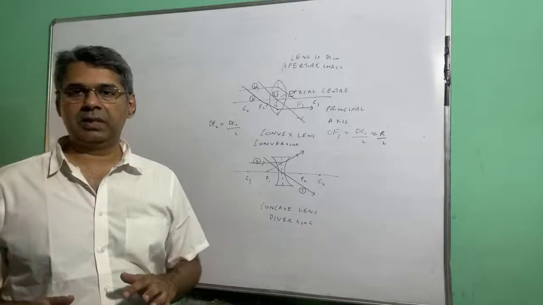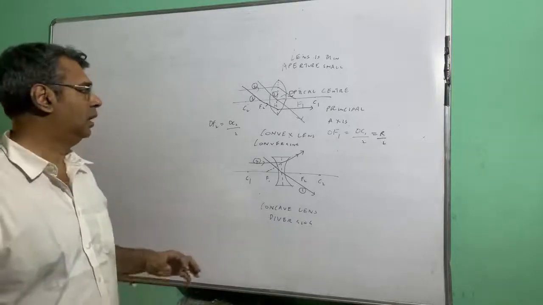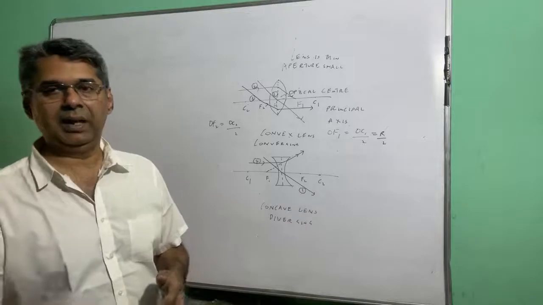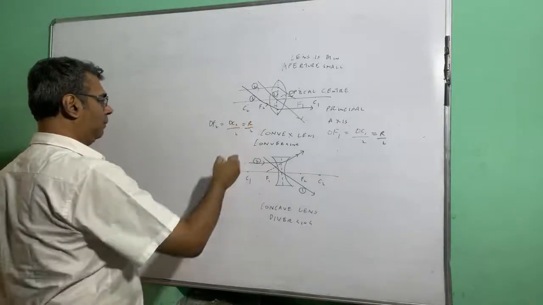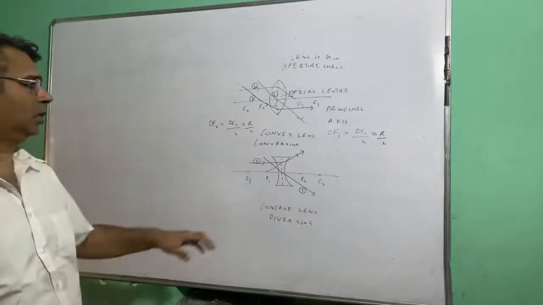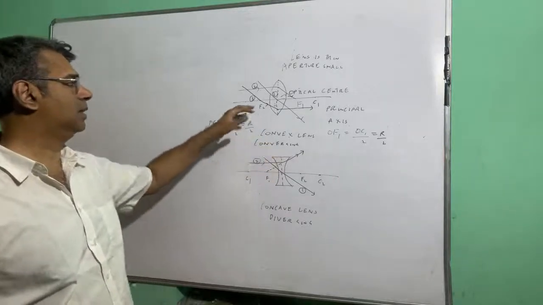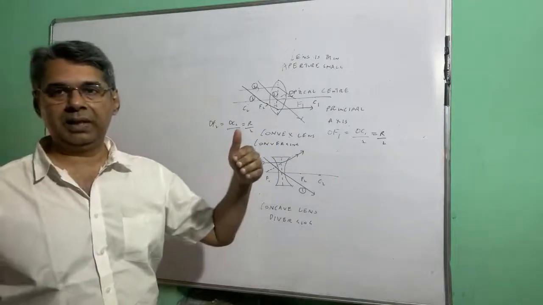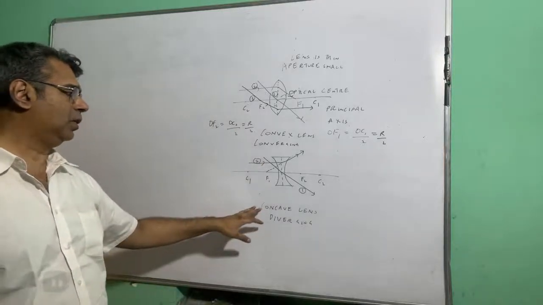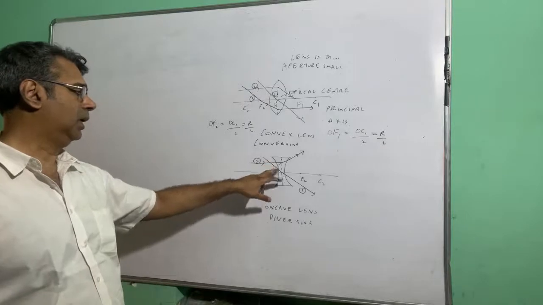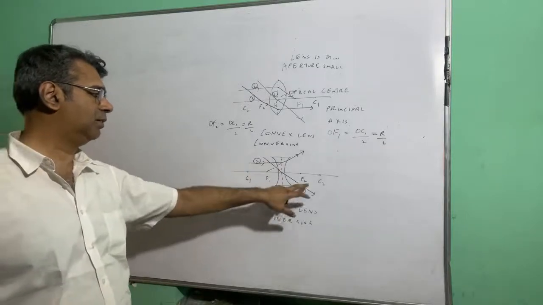They don't have to be the same, but in your syllabus they are the same, so we will not even consider any other case. So OF2 equals OC2 equals R by 2. So it is called a converging lens because it seems to make the ray come closer to the principal axis after refraction.